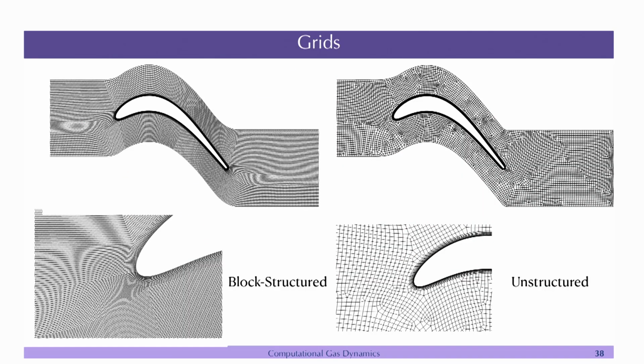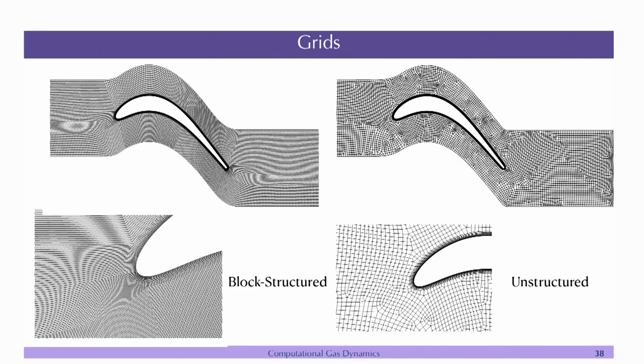Some more examples of grids, for example, this is a grid on a turbine blade. In this case what we have is a block structured grid. So, you have several tools that you can use to create those grids, especially when the domain is complicated. You cannot basically make a grid using a normal MATLAB code or something like that, because you have to ensure that the grids are orthogonal to one another, the skewness is not very high, the aspect ratio is not very high.